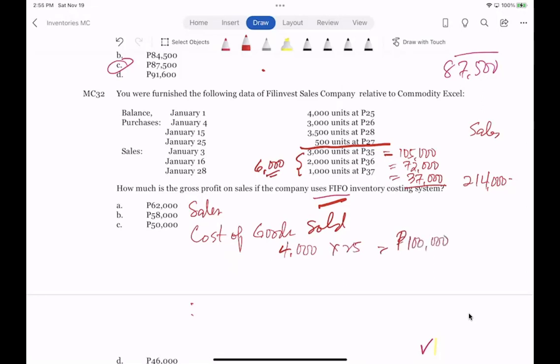And the next 2,000 would come from the January 4 purchases, with value of 26. So 2,000 times 26 is 52,000. So deduct 152. So 214 minus 152, our gross profit is 62,000. Okay, so it's letter A.